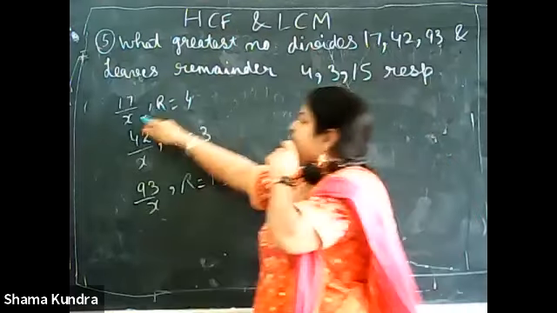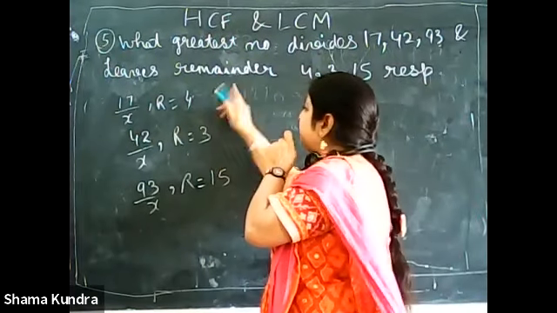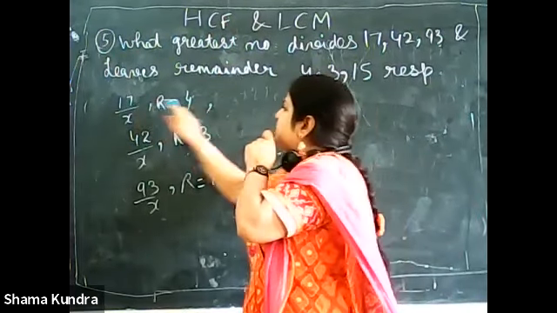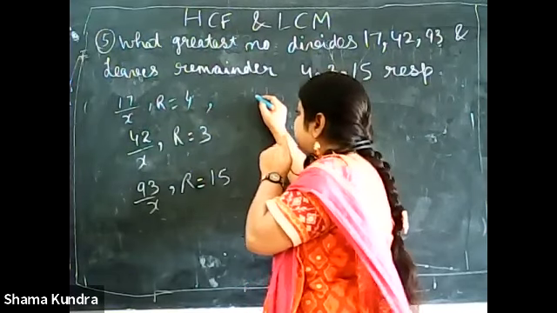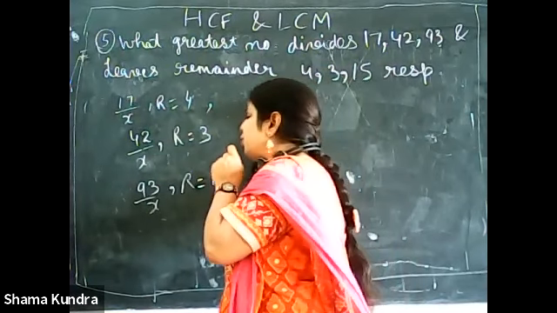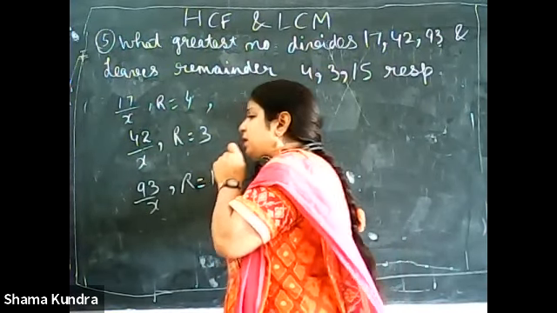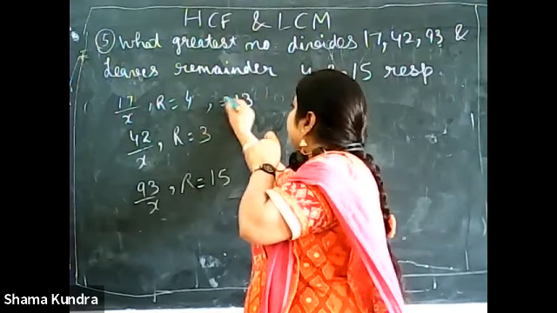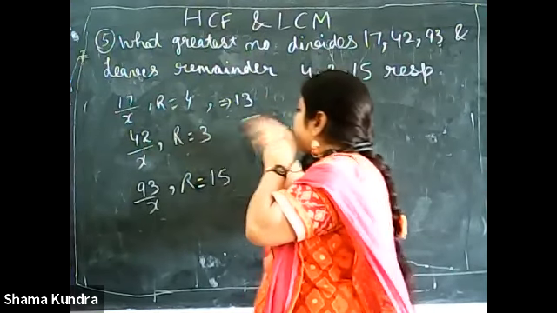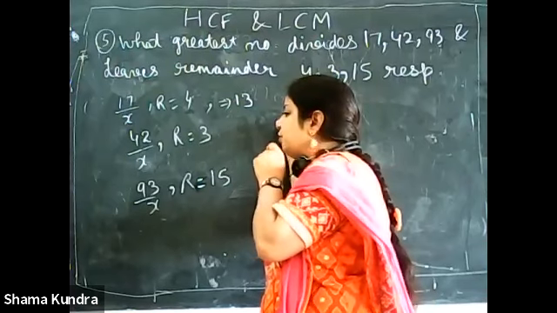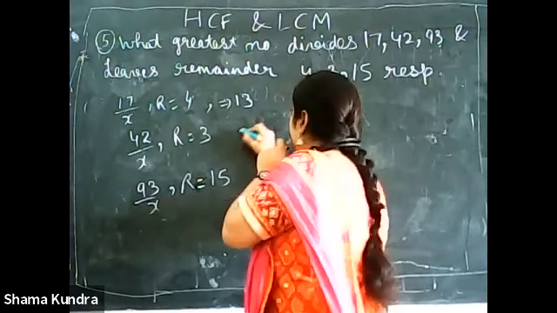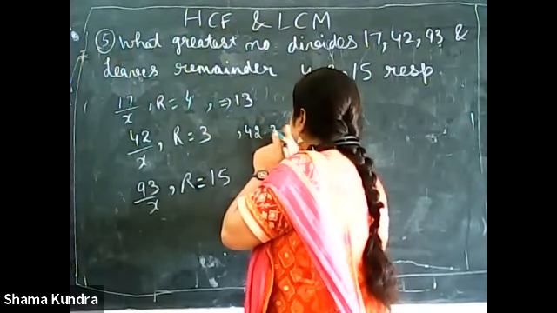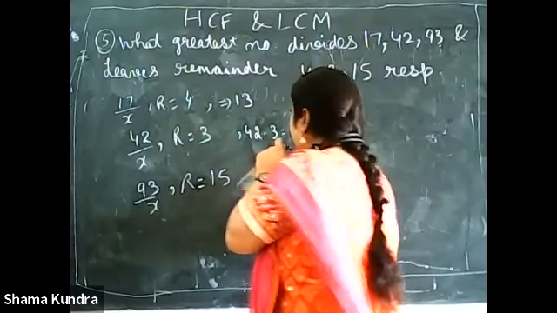See, when we divide 17 by X, the remainder is 4. When I remove remainder 4 from 17, the number will be 13. When I remove remainder 3 from 42, 42 minus 3, it will be 39.